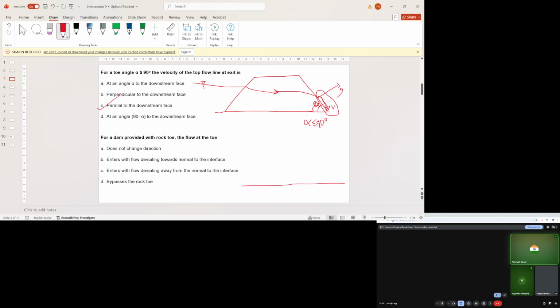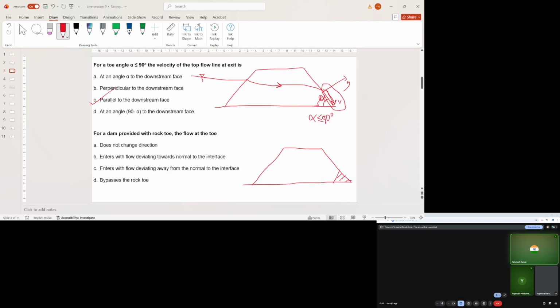So how does a rock toe filter look? So this is a rock toe filter, right? And this is the upstream end.